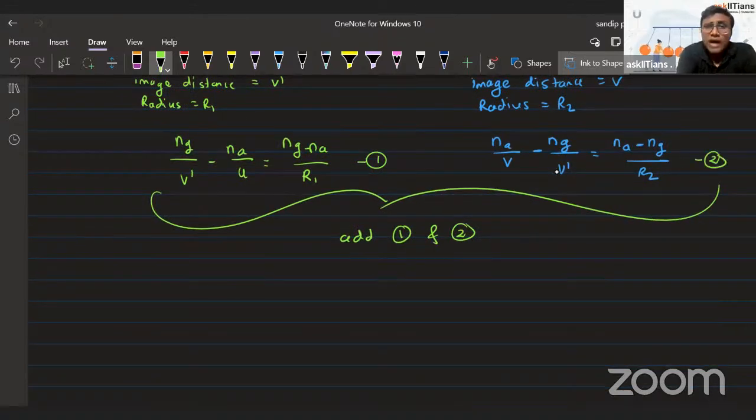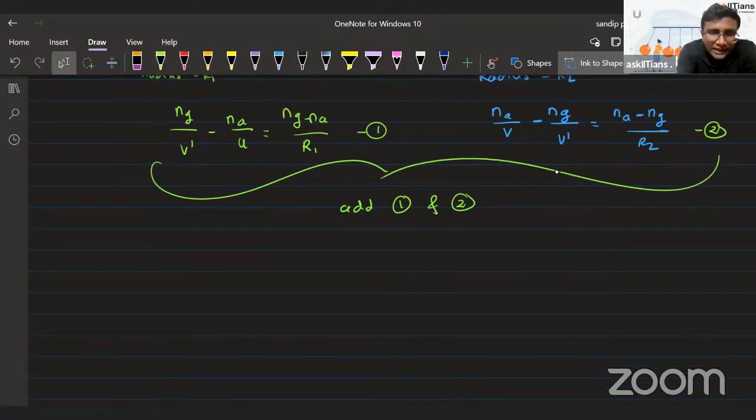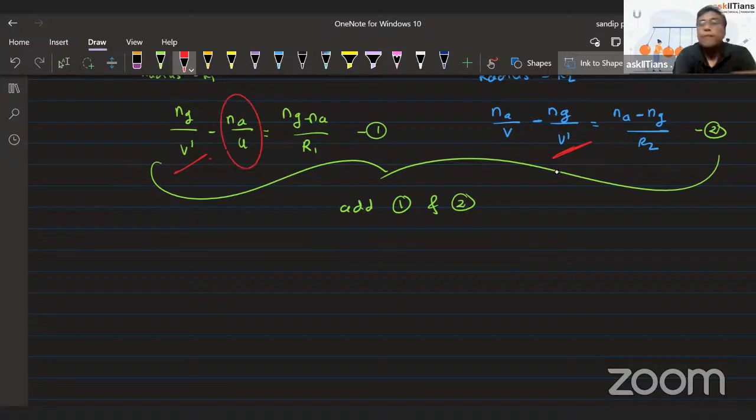So if you add these two, what will happen? This Ng upon V dash, the first term, and this another term, you can say one is positive, one is negative. It will get cancelled. Here you will have Na upon U. Here you have Na upon V, right? So I'll write this one first because it is positive.